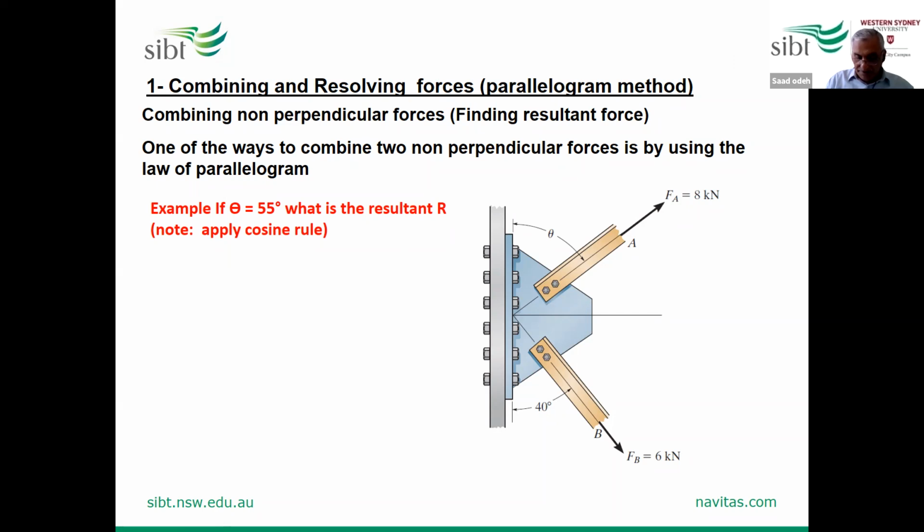Beam 1, represented by force Fa, has a force of 8 kilonewton, and another beam attached to the structure, Fb, equals 6 kilonewton, both of them fixed to this bracket here, one at this point, the other at this point. We are already given the angle 40 degrees for force Fb, and the angle theta is equal to 55 degrees.